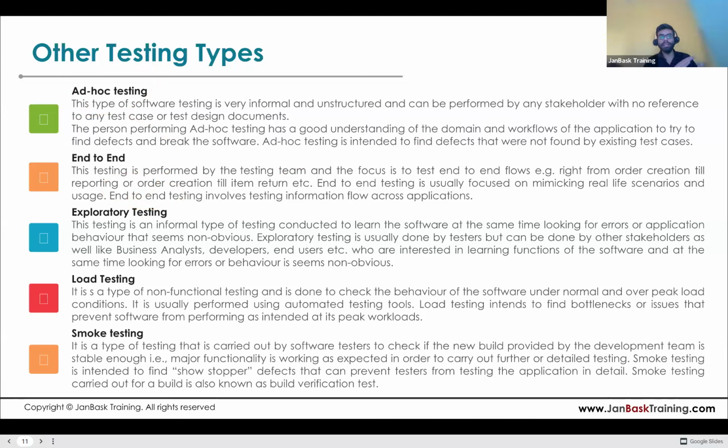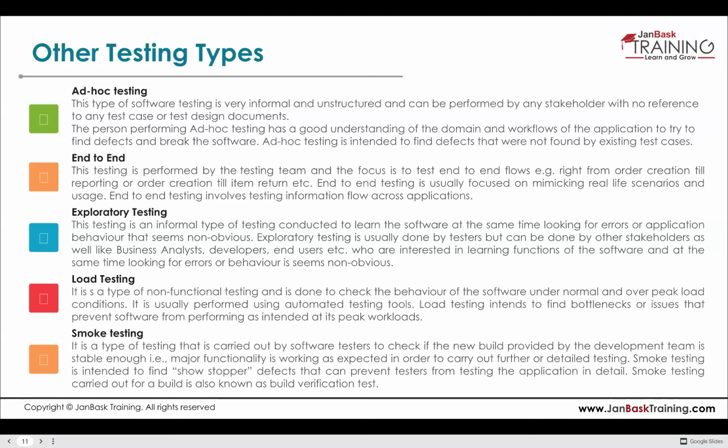So this is basically the end to end flow of the testing. When you are doing end to end testing, it is possible that you are referring to the test case, or it might be that you are not, but you need to cover all the features of the application.